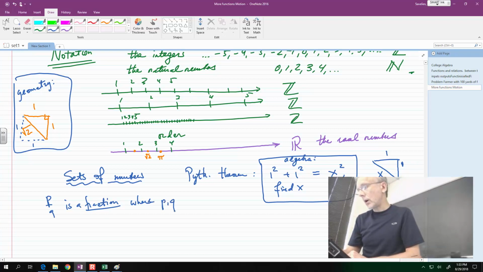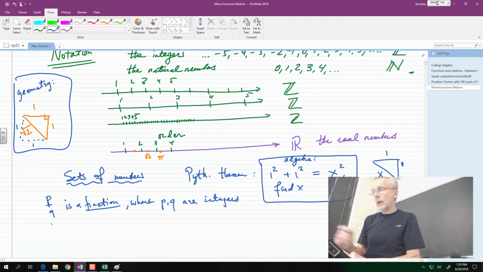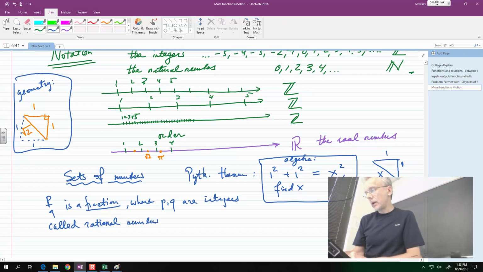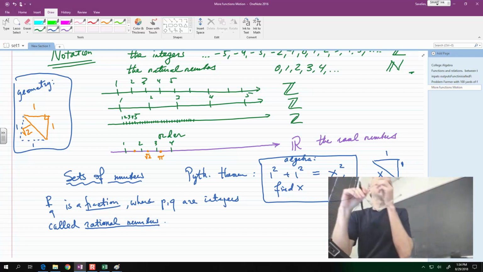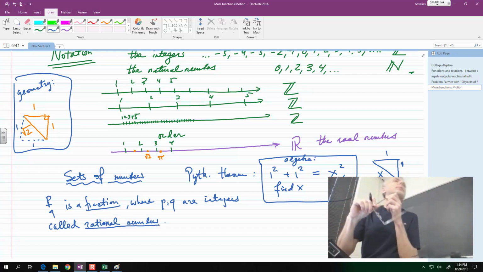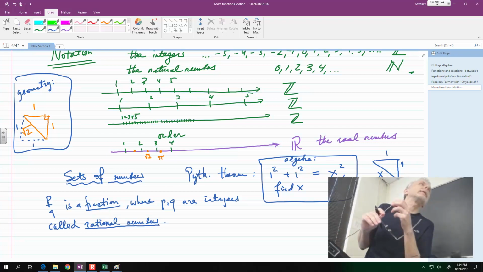So you start forming fractions from integers, and they are called rational numbers. Why do we call them rational numbers?